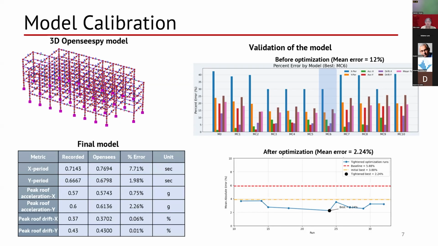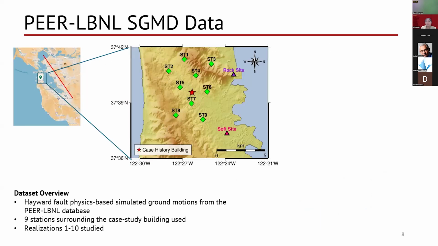As you can see here, the main error comes from the period, but when it comes to drift and acceleration, we do have a very good match here. So once we have the calibrated model, then we went ahead with using this model.